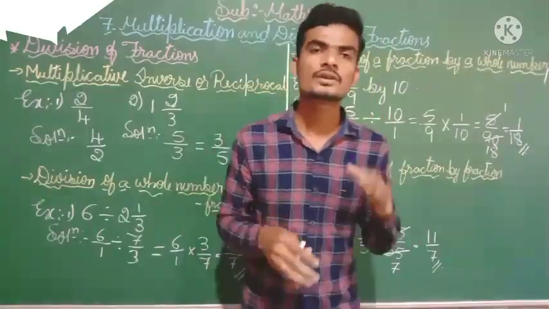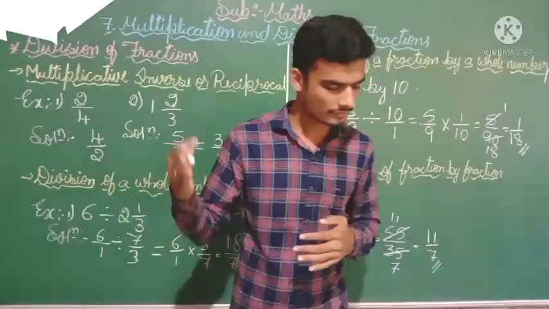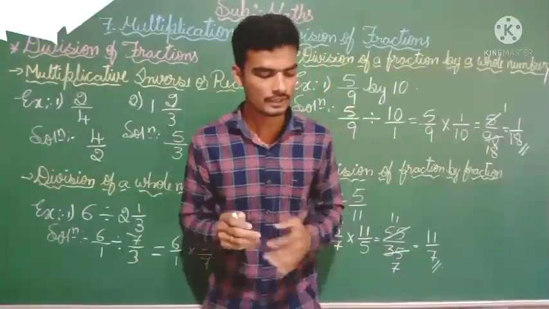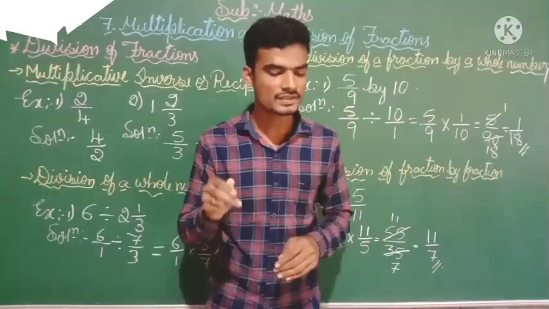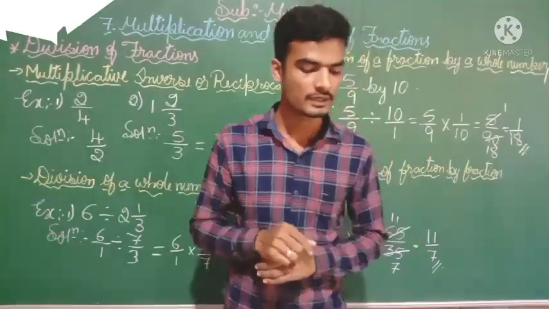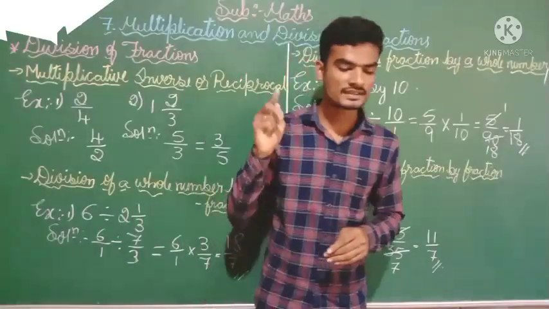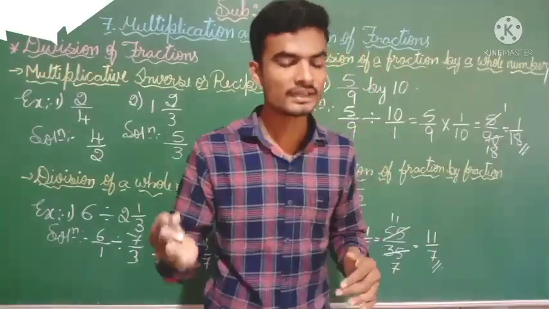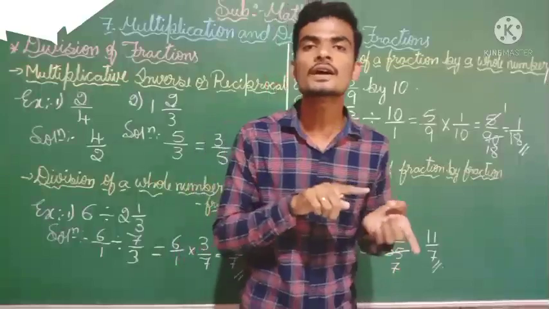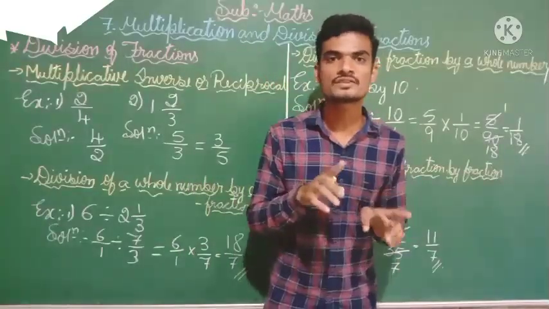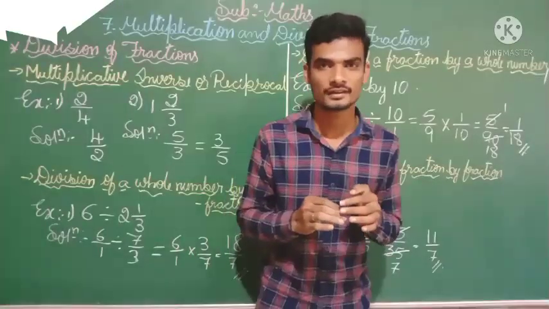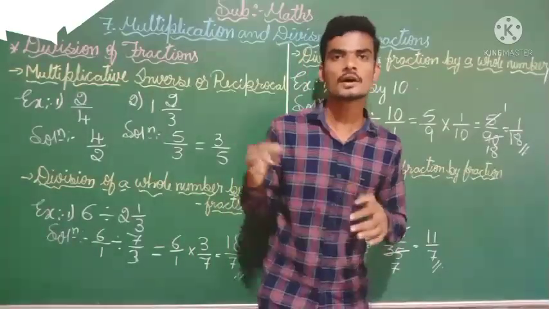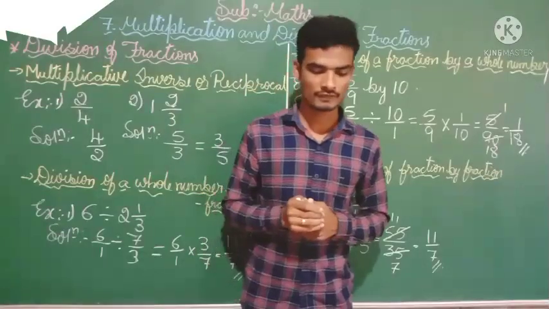Then the fourth property: 1 divided by any fraction gives the reciprocal of the fraction itself. Reciprocal means interchanging the numerator and denominator. This is the reciprocal or multiplicative inverse.